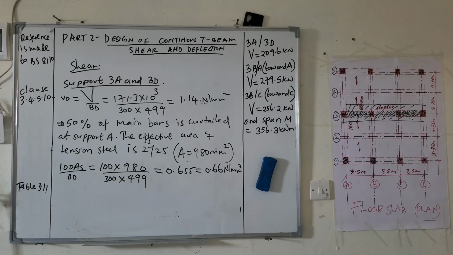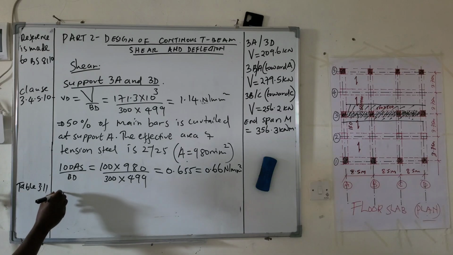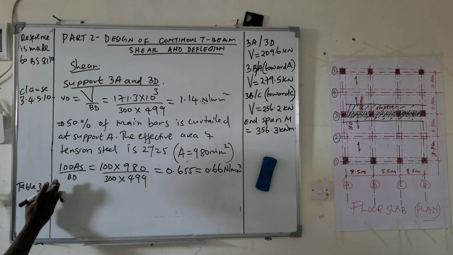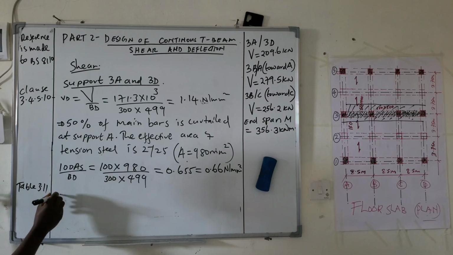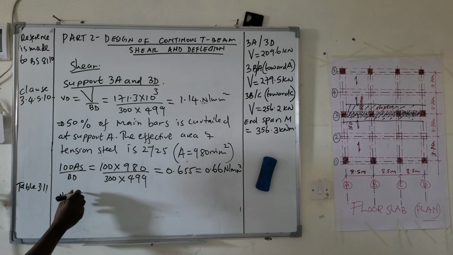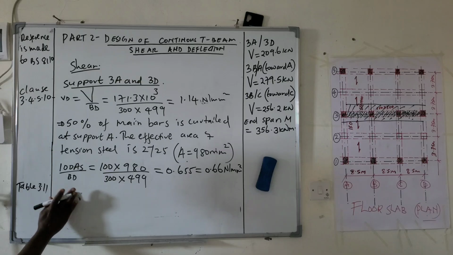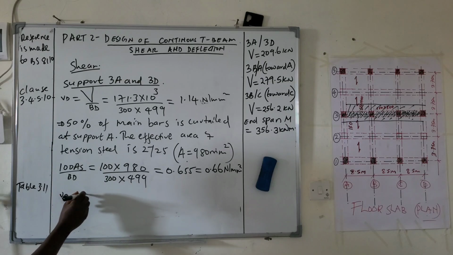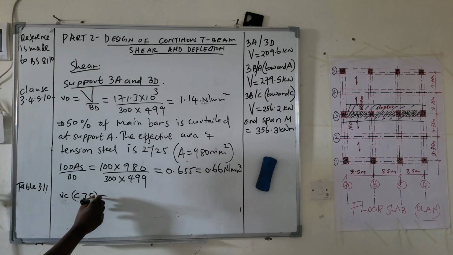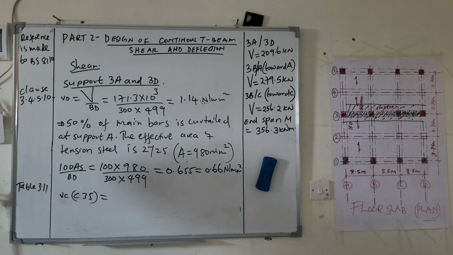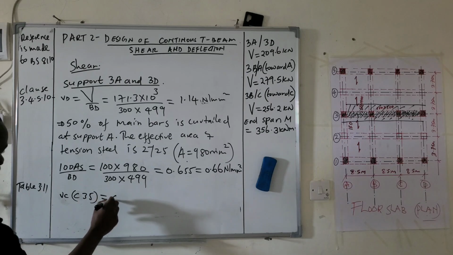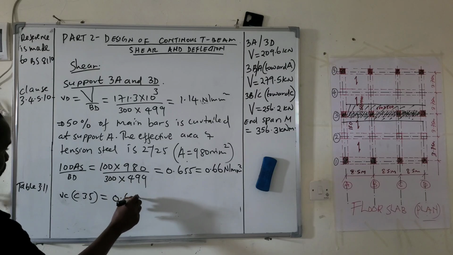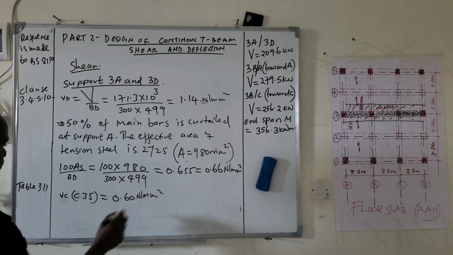So our VC, small vc, for class 35 of concrete is equal to 0.60 Newton per millimeter square.